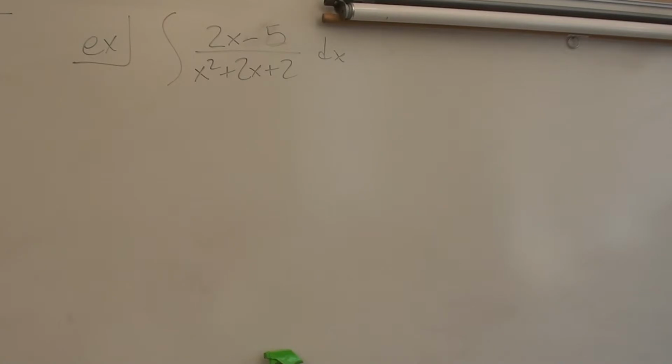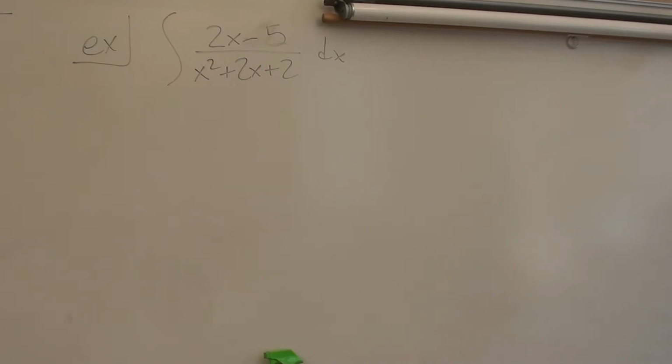Now, just a little FYI. When you have a denominator where the degree is only 1 greater than the numerator, it's not necessarily an inverse trig. It could just be a natural log.